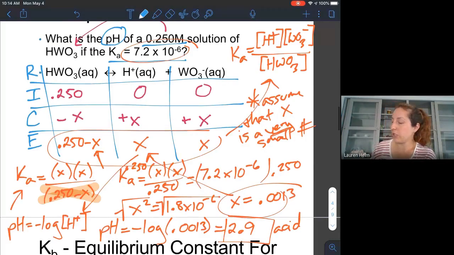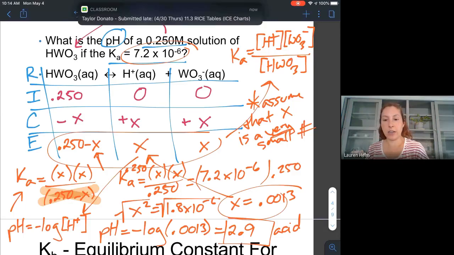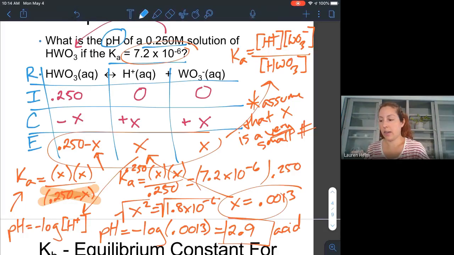So the way to know which is adding and which is subtracting, if initially I have my reactant and initially I have zero product, I can't have negative product. So my change for the product, if it's zero, can't be negative. I can't lose any more than nothing. So that's how I know that I'm going to gain product.